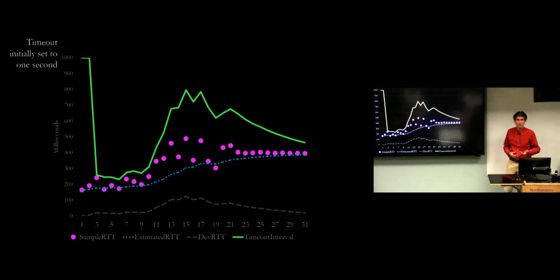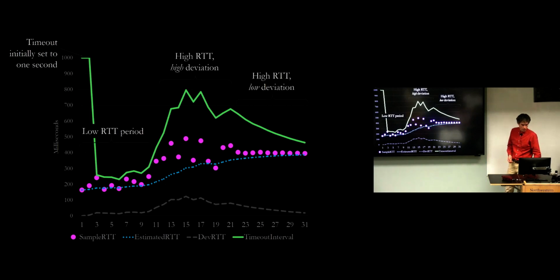Right? So this simulation involves 3 different scenarios. First off, the network was fast. The delay was short, and there was a moderate amount of deviation. Later on, the network got slower, the latencies were longer, and there was a lot of deviation.